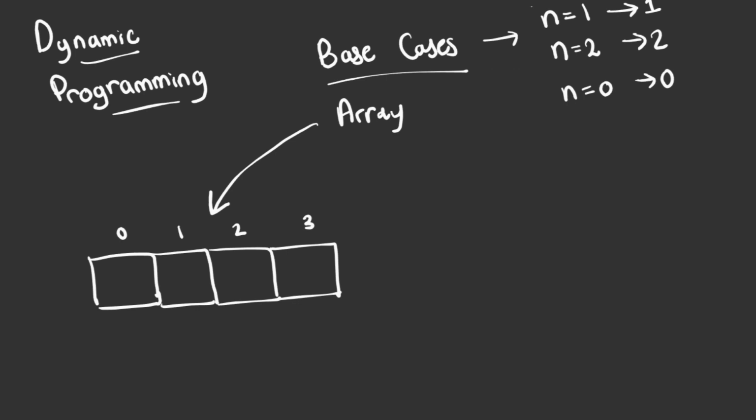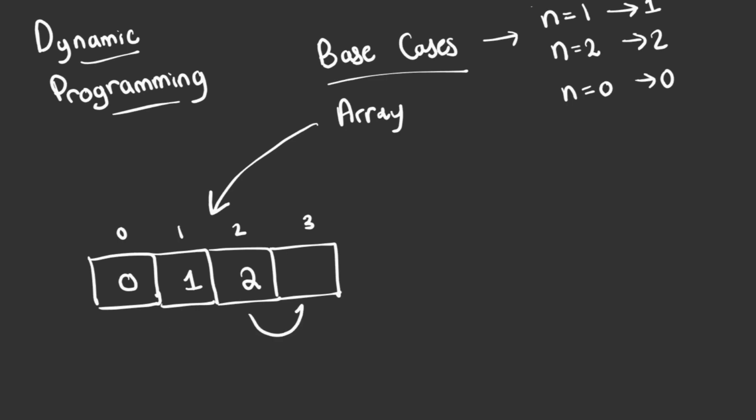We already know the values of the first 3 indices from the base cases. So we know that 0 is 0, 1 is 1, and 2 is 2. For any following values after the base cases, we know it's just the 2 preceding values, since we can only get to the third value using the 1 before and the 2 before steps.